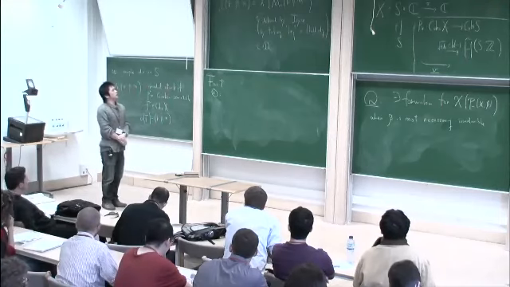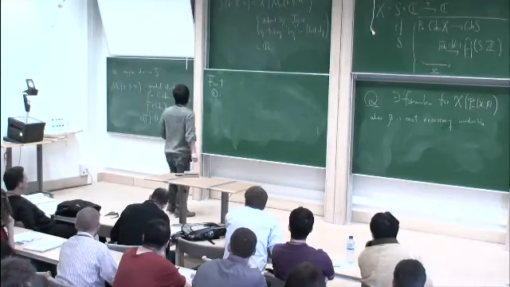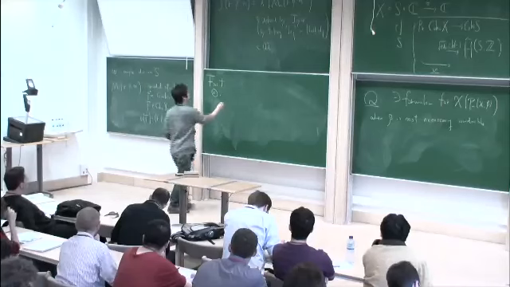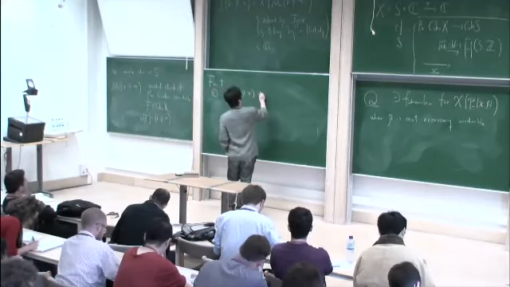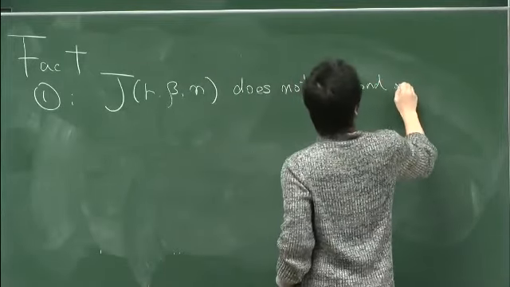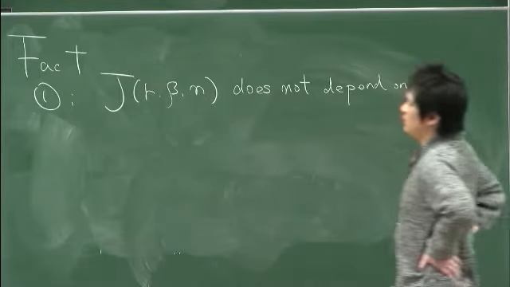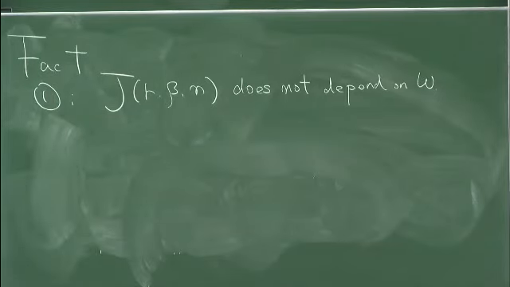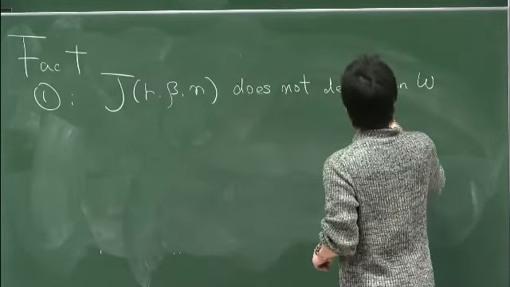But you can show that this invariant, J(r, beta, n), does not depend on the choice of polarization omega. This is essentially a consequence of the wall-crossing formula. That is, the Euler pairing of this category is trivial, so there's no wall-crossing if you change polarization. This is essentially proved by Joyce.